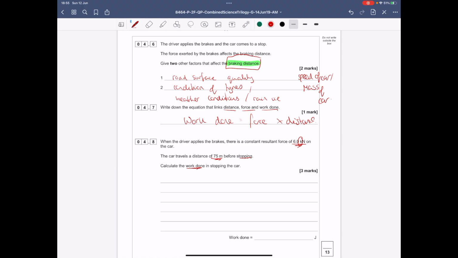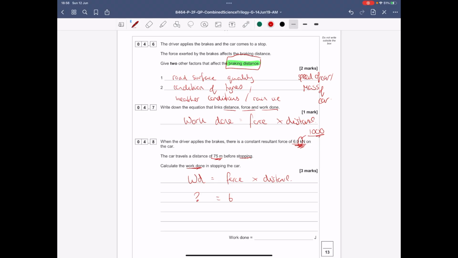So we've been given some numbers and we'll be using the equation as we wrote it above. Work done equals force times distance. So my work done is what I'm calculating. My force is 6 kilonewtons, where a kilo means 1,000, so a bit like kilograms or kilometers, you would times that number by 1,000.